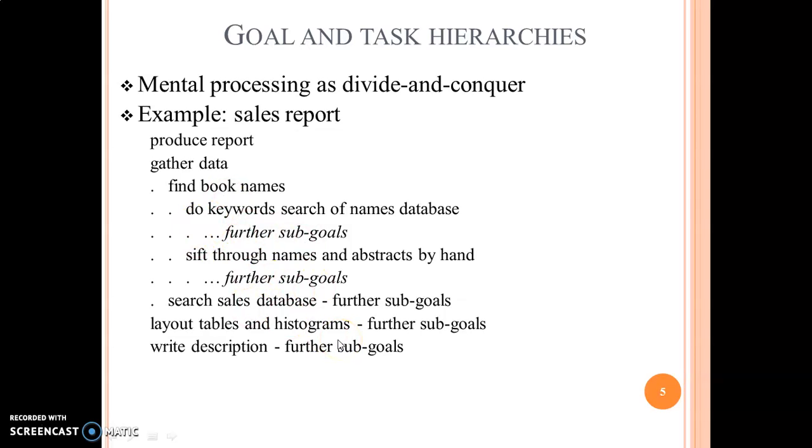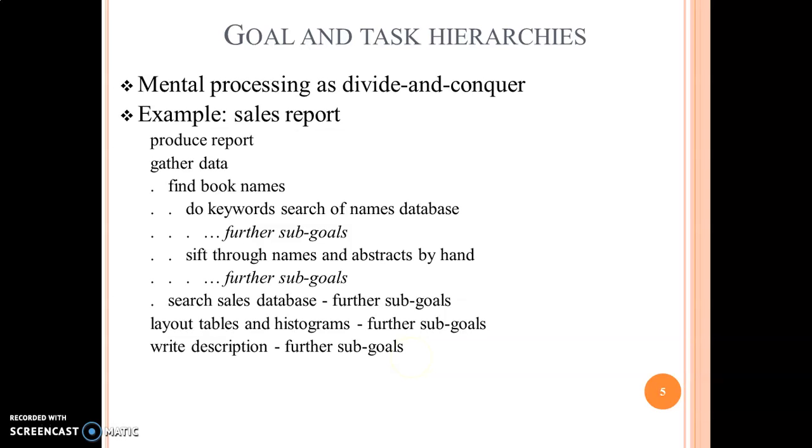Concentrating on data gathering, we decide to split this into further sub-goals. Find the names of all HCI textbooks and then search the book sales database for these books. Similarly, each of the other sub-goals is divided up into further sub-goals until some level of detail is found at which we decide to stop.